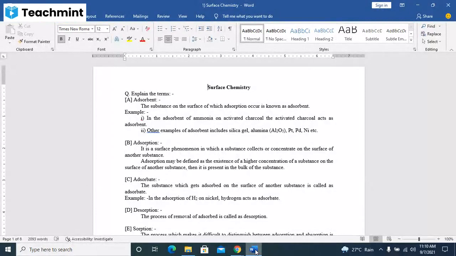Now adsorbent, the substance on the surface of which adsorption occurs is known as the adsorbent. जैसे कि आपको एग्जांपल देता हूँ, देखो जैसे कि चारकोल है, आपके सिलेबस में चारकोल का भी एग्जांपल है. ऐसा है कि सरफेस के ऊपर रिटेन रहना चाहिए, सरफेस के अंदर नहीं जाना चाहिए, ऐसा मटेरियल से हम क्या कहते हैं, एडसॉर्बेंट. यहाँ पे एक एग्जांपल दिया आपको अमोनिया एंड चारकोल का. ओके, एक्टिवेटेड चारकोल.